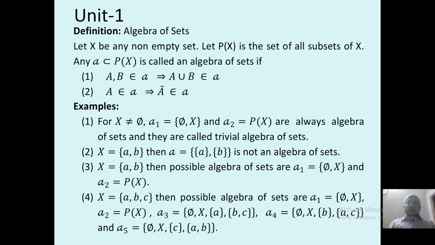In almost all topics, we will see definitions, related examples, and some of the results depending on the definitions and examples. First, let us see the topic of algebra of sets.